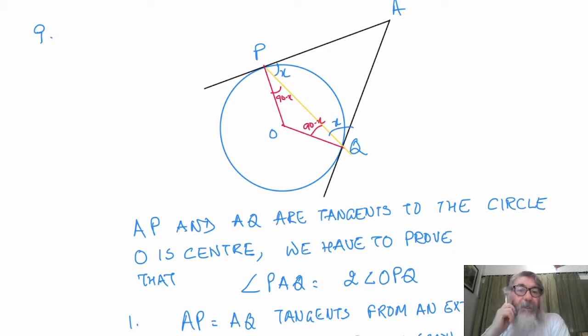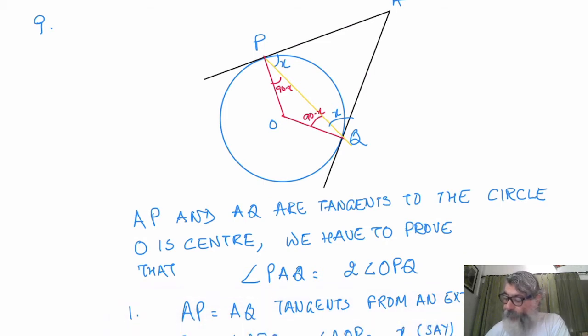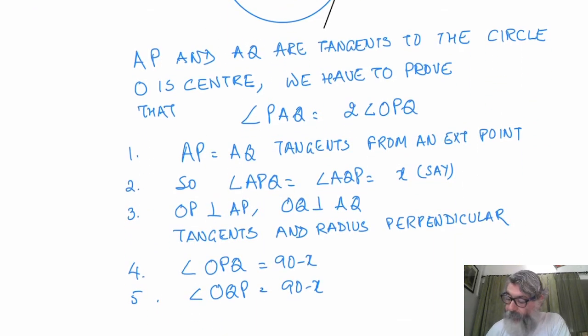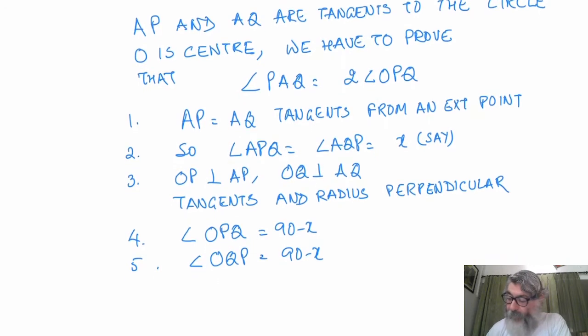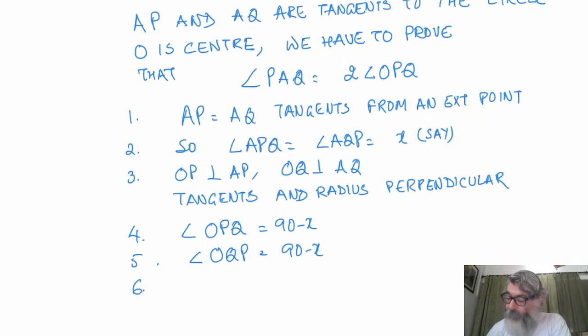Now in triangle POQ, what will be angle POQ? Angle POQ will be 180 minus (90 minus x plus 90 minus x).